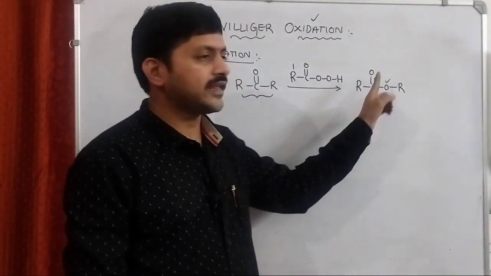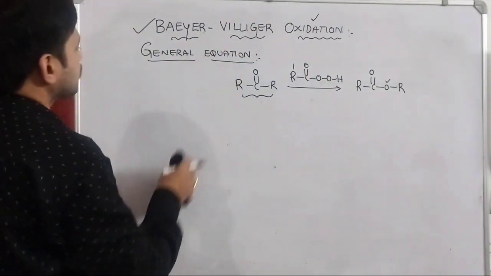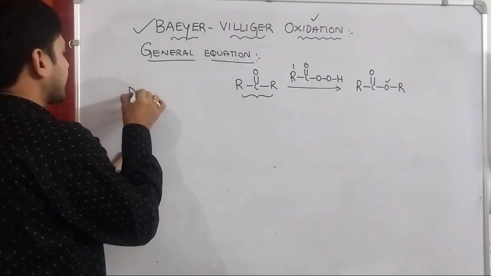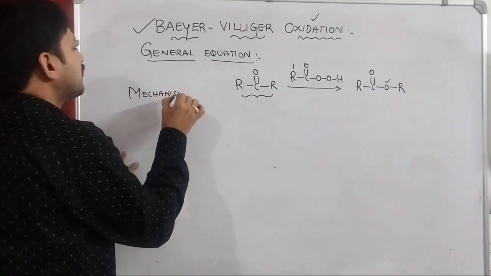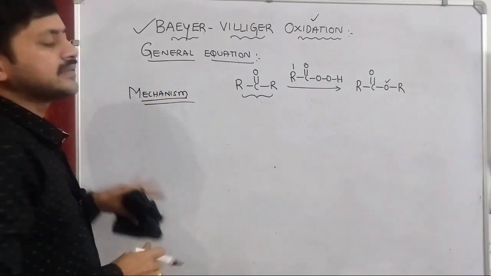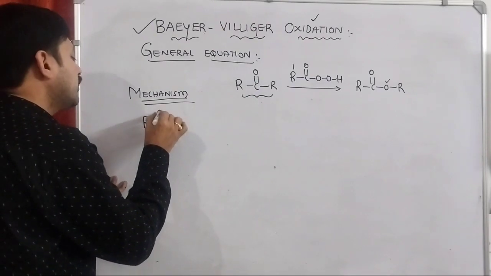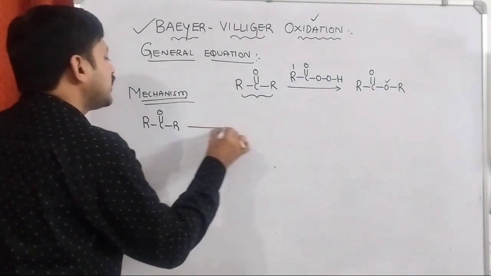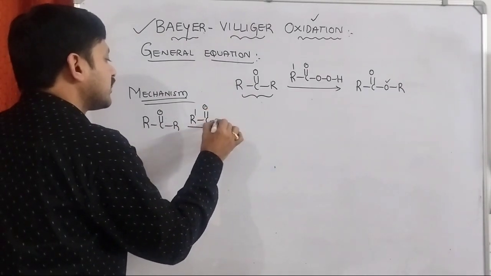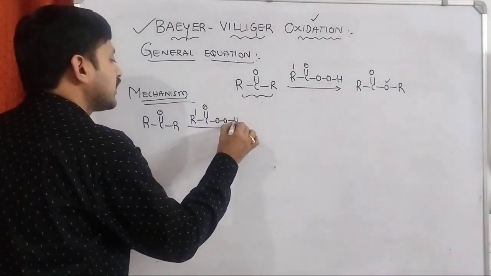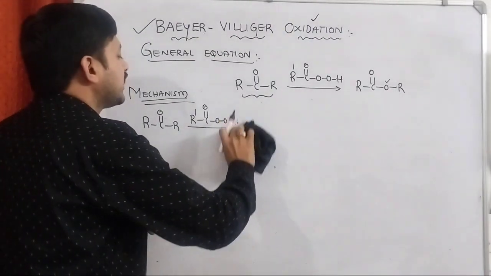How does this transformation take place? Let us see the mechanism. The mechanism is very simple. The first reactant is ketone. The ketone is going to be treated with paracids, oxygen, oxygen, H. We all know that the paracid produces H plus ions.